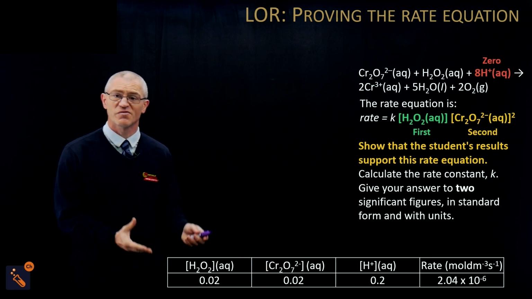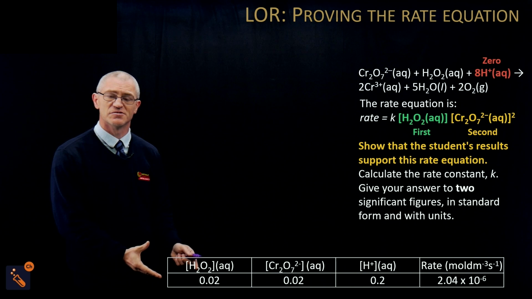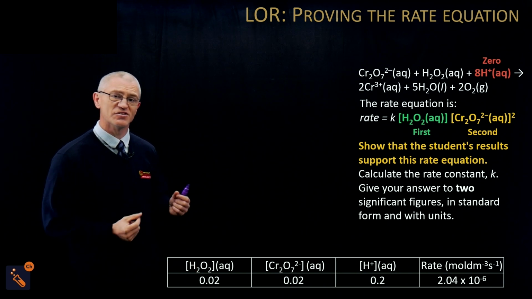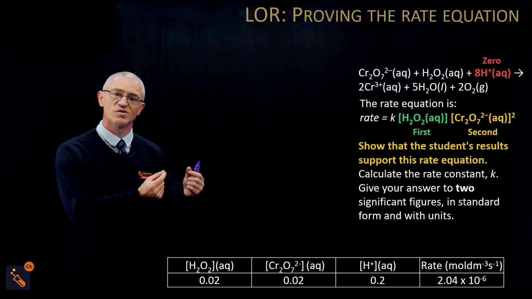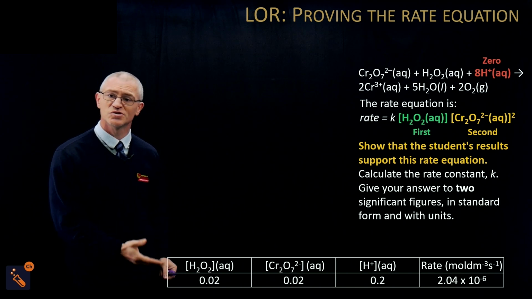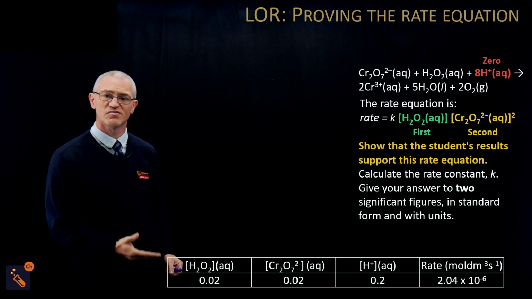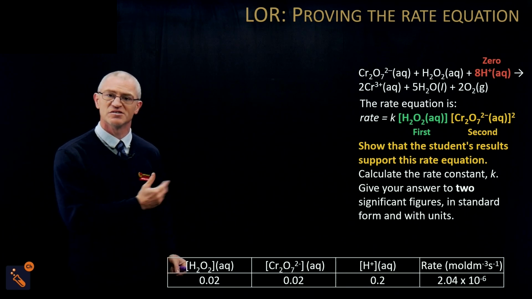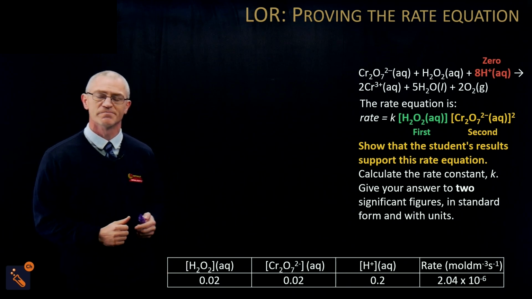So if we look, we've only taken one of our reactions. Remember, the rate constant only changes with temperature, it doesn't change with concentration, so we can choose any one of these reactions and we can put numbers into our equation as long as we just go along the line.